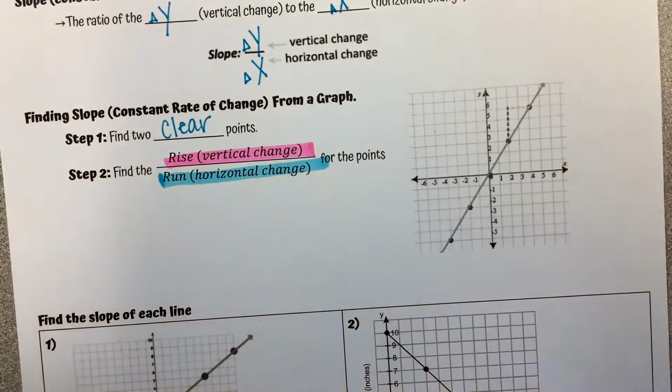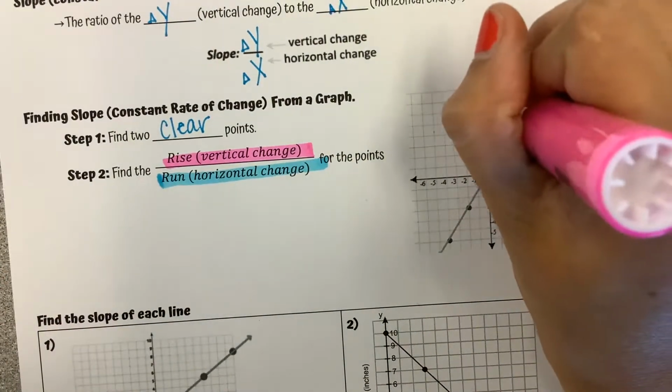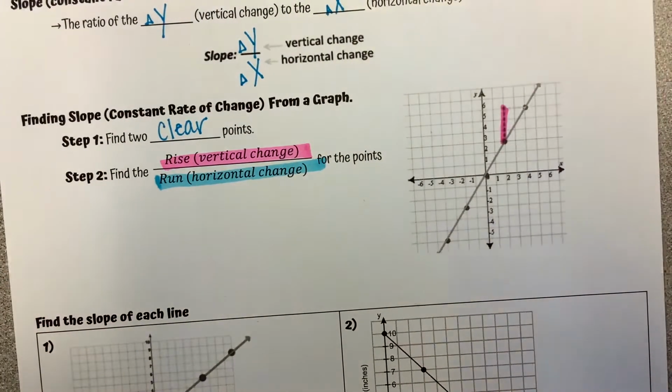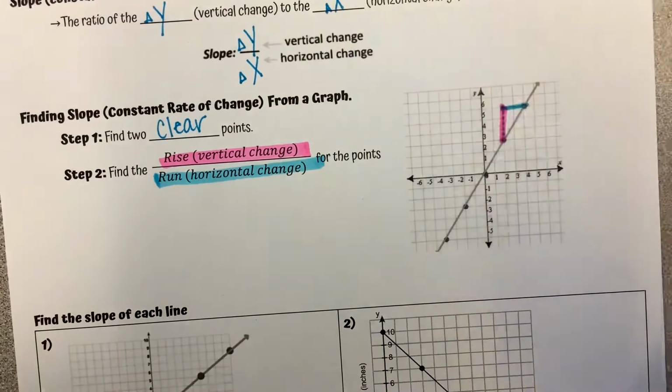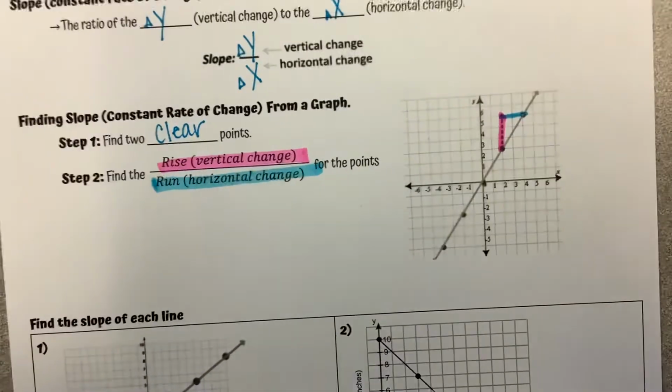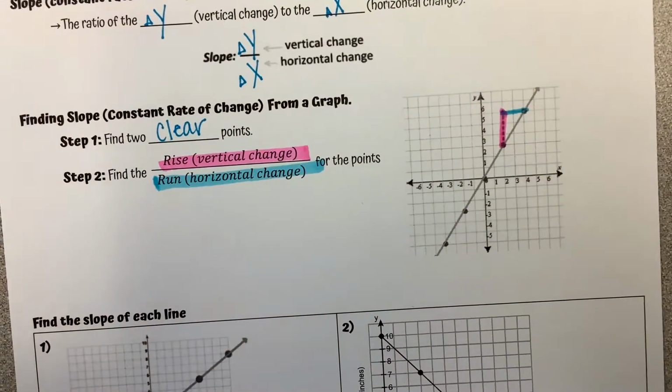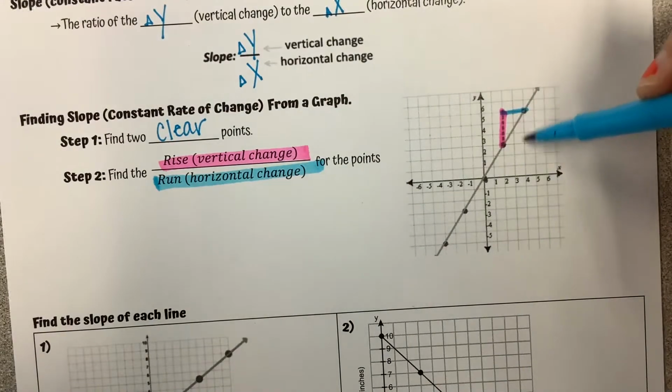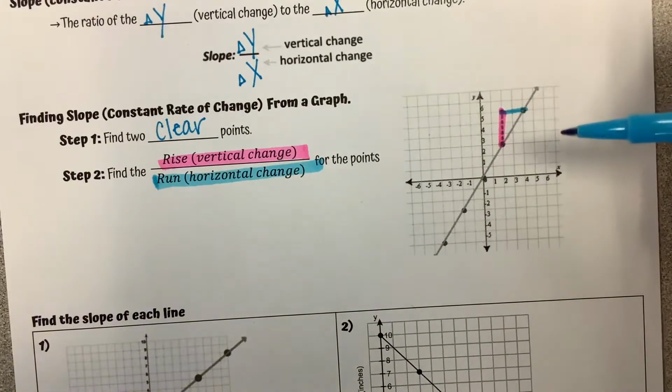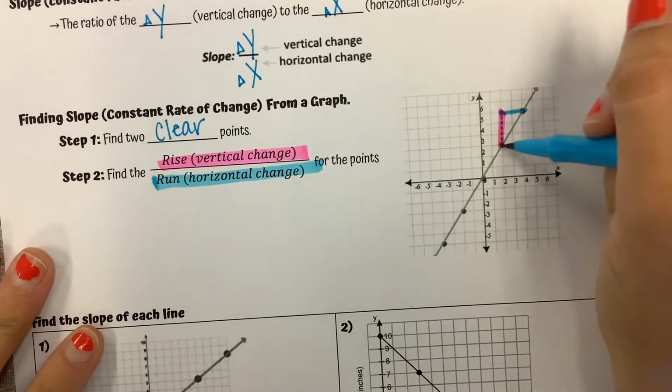So in this one, our rise is that vertical change right here to our run, the horizontal change. You technically could go backwards. You could do the vertical change here and then horizontal change there, but just be careful with your negatives. So my rise, I'm counting from here.